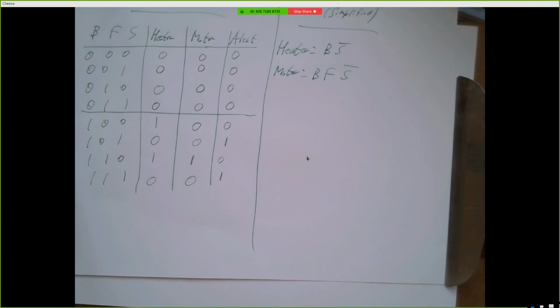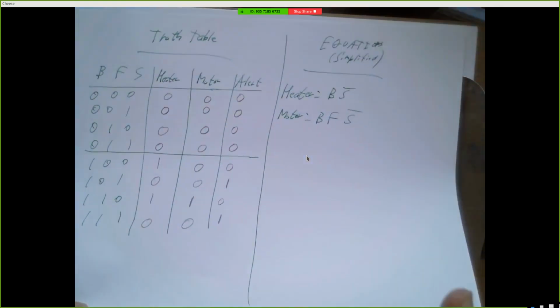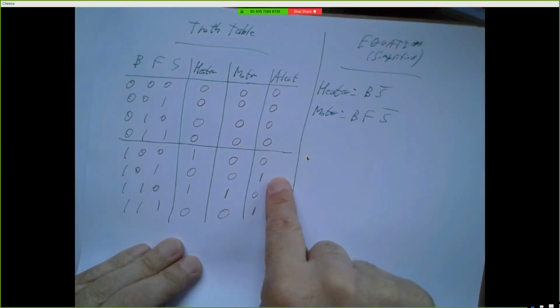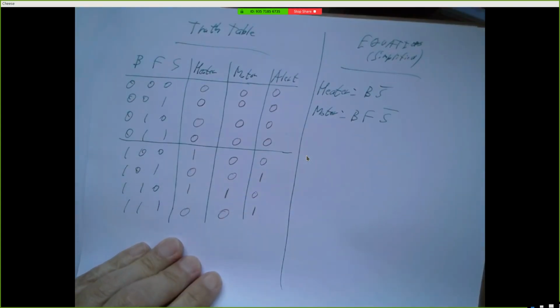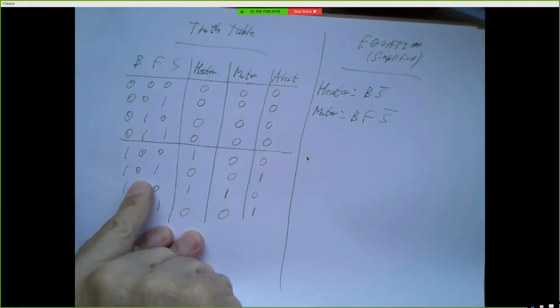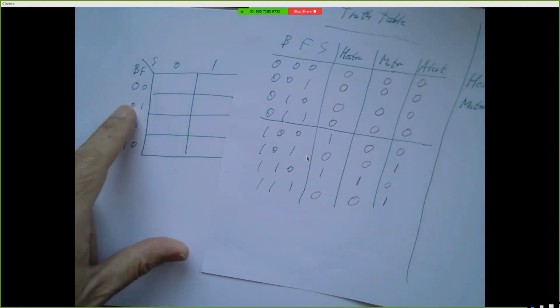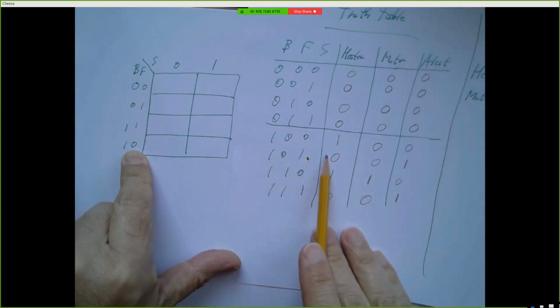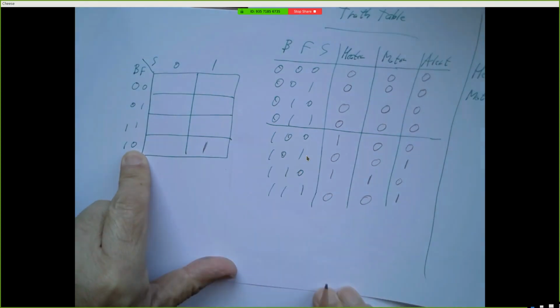All right, so that's the motor. Yes, problem definition is definitely really helpful because it drives this, right? All right, so there's the motor. Last system is the alert. The alert has two 1 values. The first is for B equals 1, F is 0, that's this bottom row, and S is equal to 1, so we have a 1 right there.